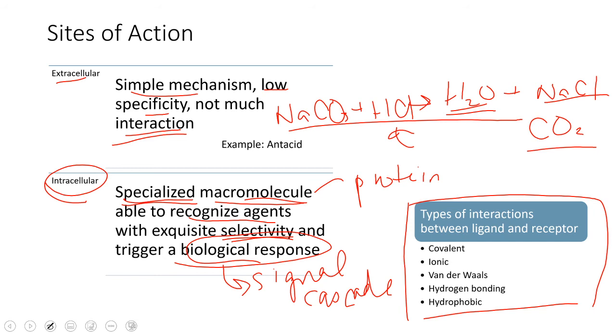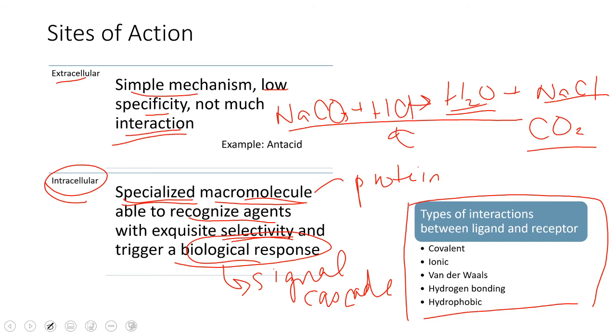So you get covalent bonds, if you remember from like high school chemistry. You can get covalent bonds, which are very strong, but they're also not reversible. And you do have drugs that, you do have ligands that will initiate a covalent bond with a receptor that doesn't pop off.